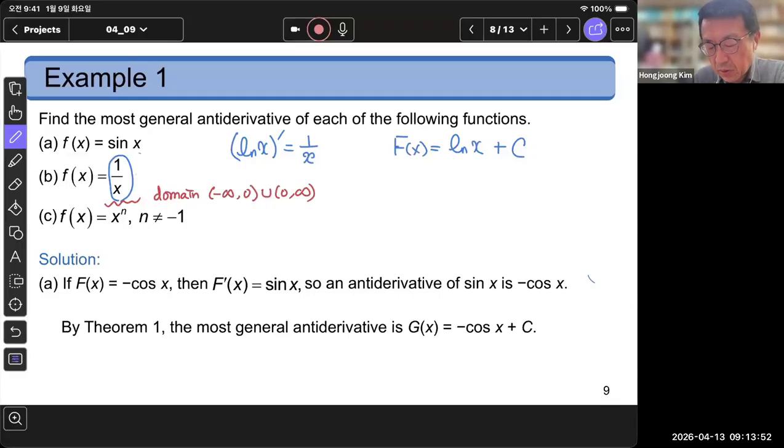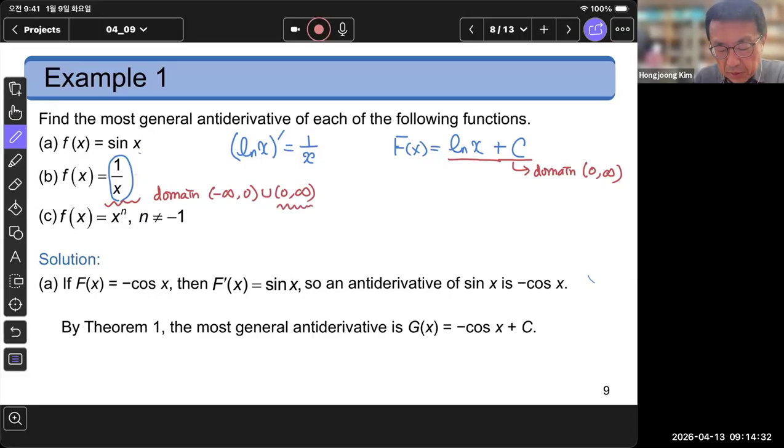However, if I consider log x or log x plus c, what is the domain of this uppercase F? Then this function is defined only when x is positive. So its domain is only positive values. So this uppercase F will be an antiderivative of 1 over x if I consider only positive x.